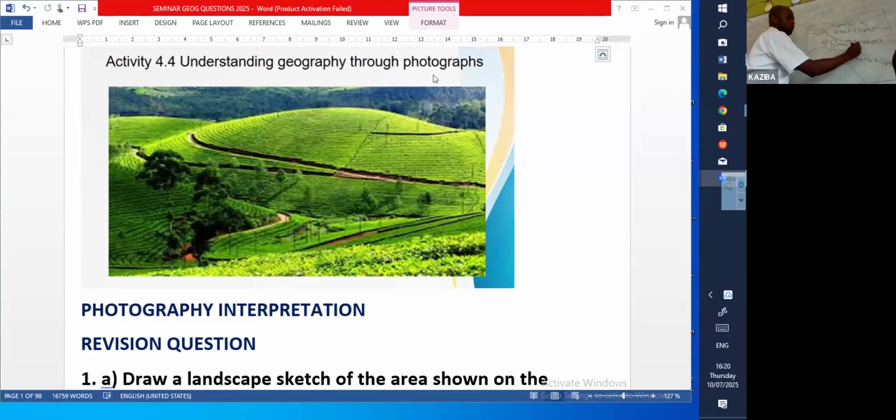And of course, they're associated with forestry as a land use type. Then somewhere here, you have crop cultivation. That is basically tea. So when they ask you to draw a landscape sketch, when they tell you to draw a landscape sketch on its back and name the land use types.